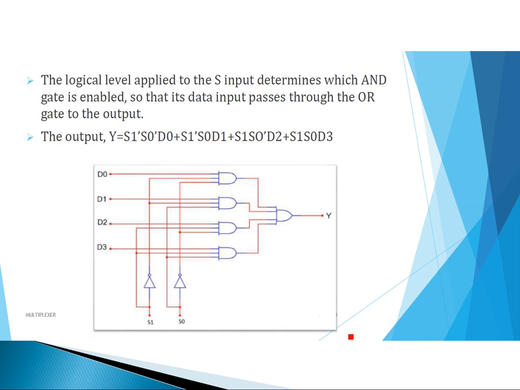And this is the logic diagram of the 4:1 multiplexer, and you can see here the output expression of the 4:1 multiplexer: Y equals S1 bar S0 bar D0 plus S1 bar S0 D1 plus S1 S0 bar D2 plus S1 S0 D3.